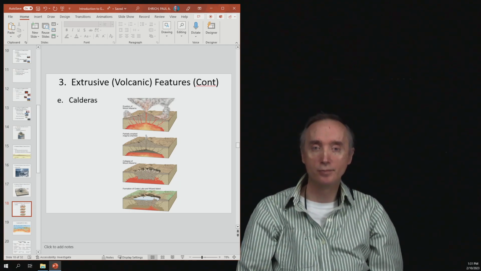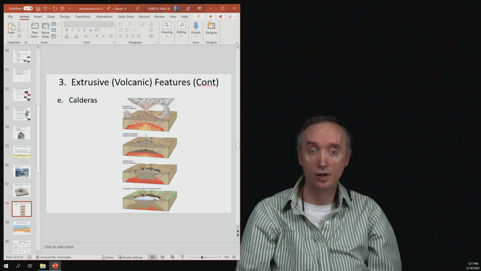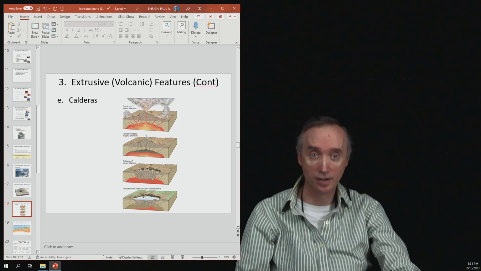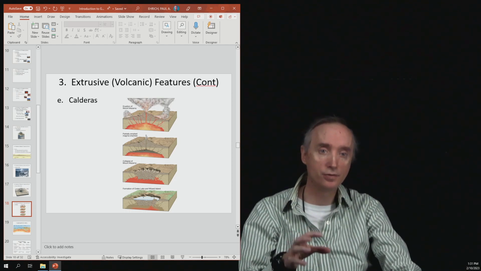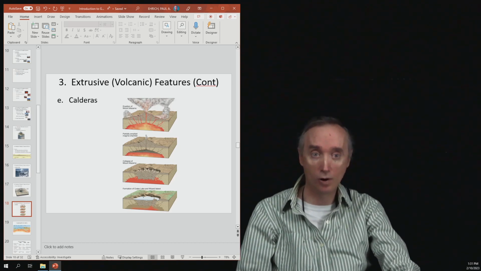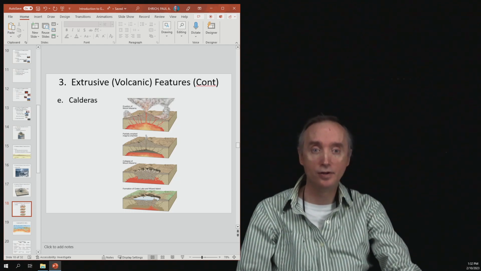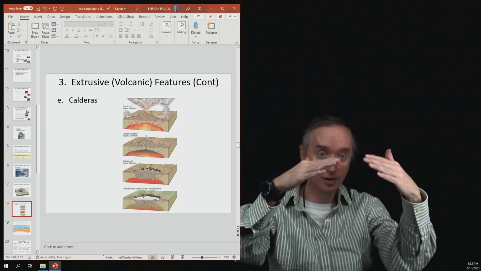Now, I want you to remember this process because in a later lesson, we're going to talk about karst topography and how you can have limestone, and under the ground in the limestone can be water. And then that water can form caves. And so as long as that cave is full of water, it's going to support the roof of the cave.